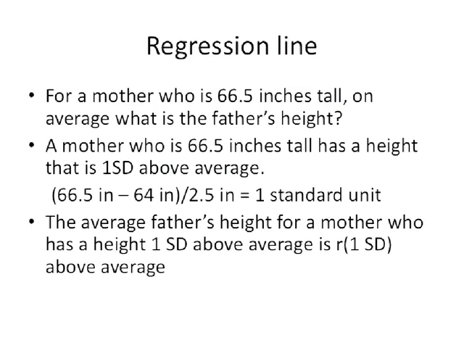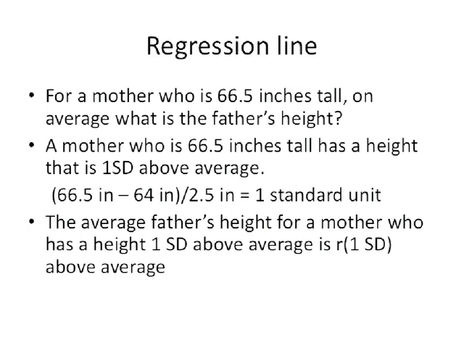Not also 1 SD above average, and this is where the correlation coefficient and the regression effect comes in. It's R times 1 SD above average, and R is 0.34. So we expect that the average father's height for a mother who is 1 SD above average is R times 1 SD above father's average.